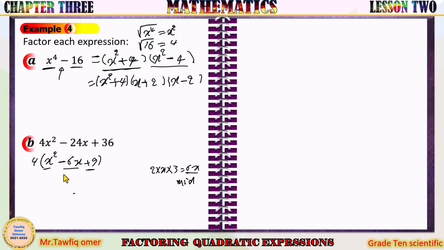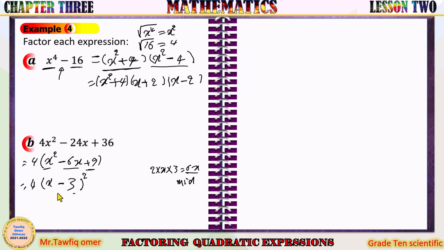So it is a perfect square. Write down 4 and open one bracket and put a square on it, and the second sign, and the square root of the first one, which is x, and the square root of the third one, which is 3.